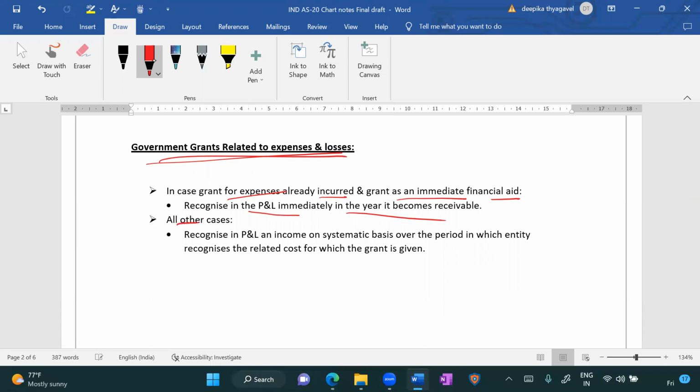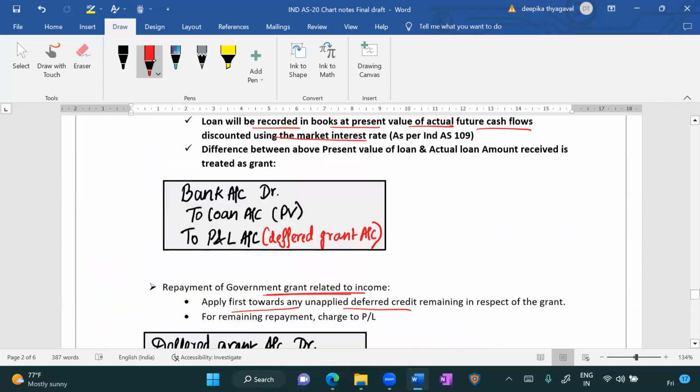In all other cases, recognize it in P&L on a systematic basis over the period in which the entity recognizes the related cost for which the grant was given, right? We have already covered these two points under income itself.